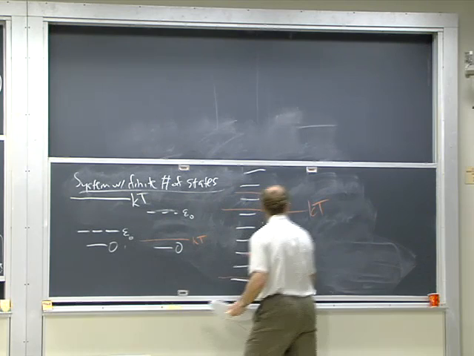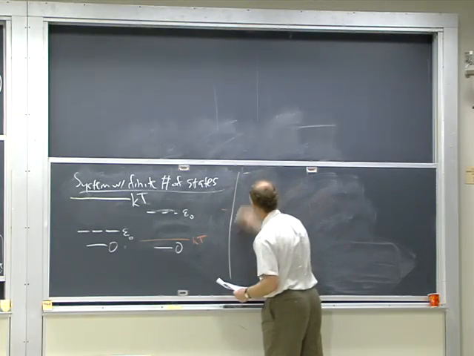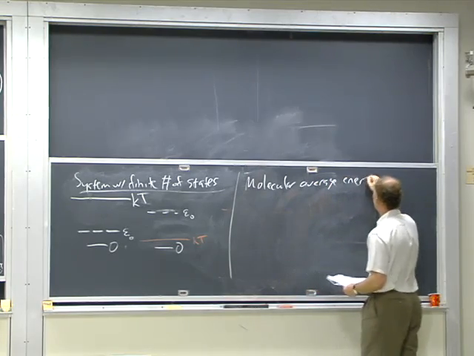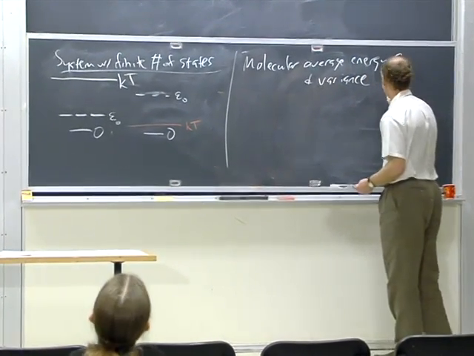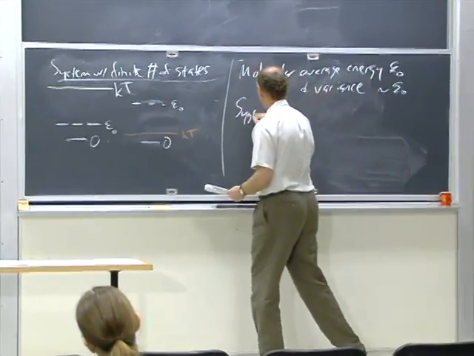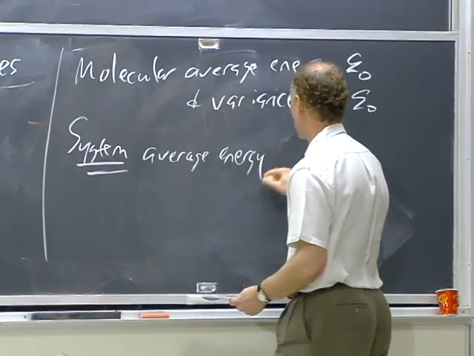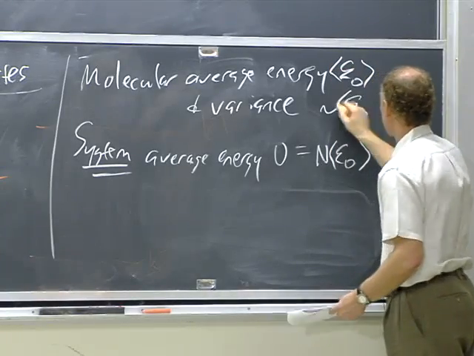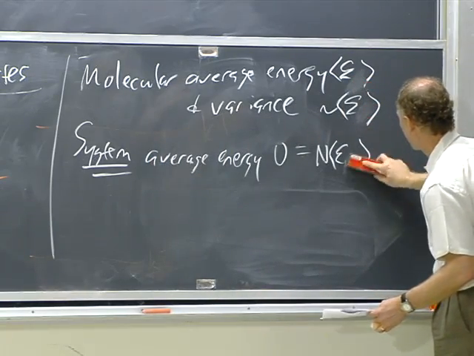And in particular, what happens then is, for molecular average energy epsilon 0 and variance or standard deviation about the same magnitude, the system average energy is U, and it's going to be capital N times the average molecular energy.